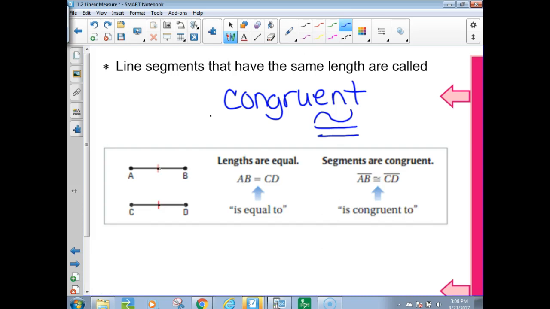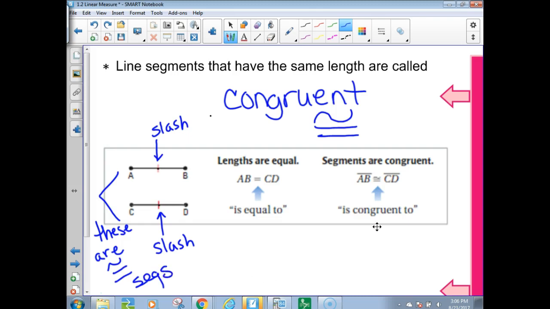These down here, you see these little slashes? Those slashes mean something. It means these are congruent segments or equal in measure. Because they each have a single slash, it means that they are congruent.